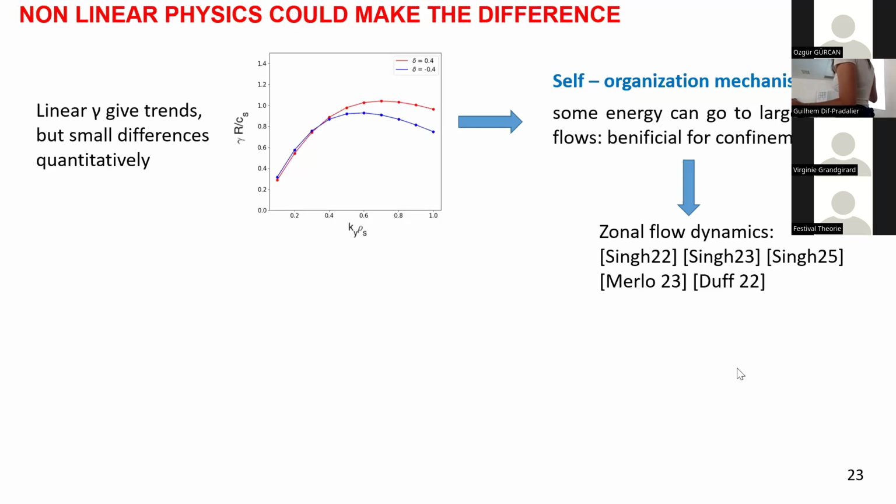So we think that some self-organization mechanisms, some nonlinear mechanisms, are playing a role here, which can give some energy to large scale flows, which can be beneficial for confinement.